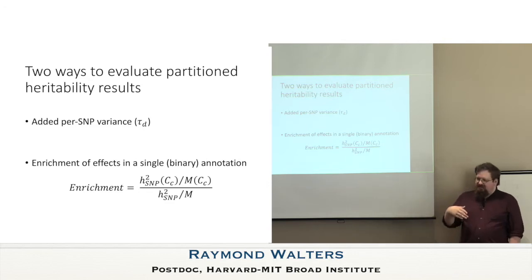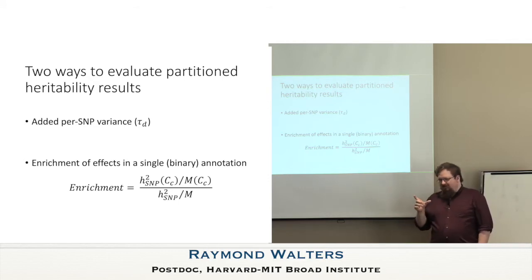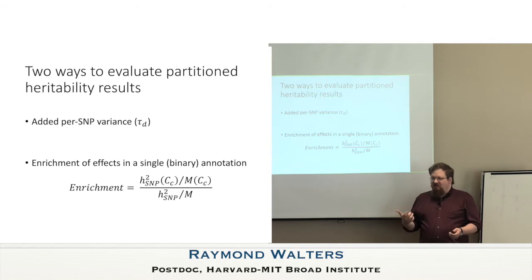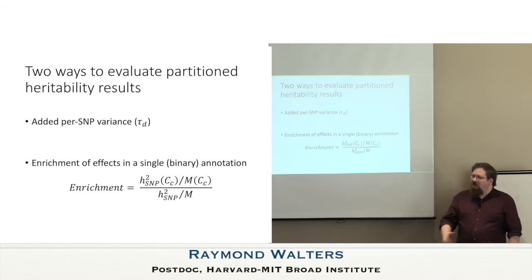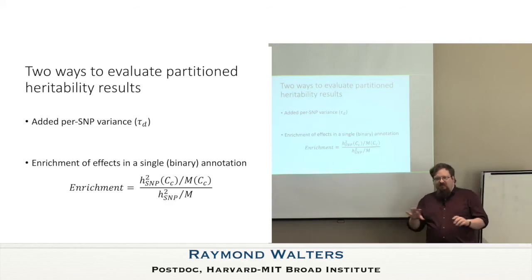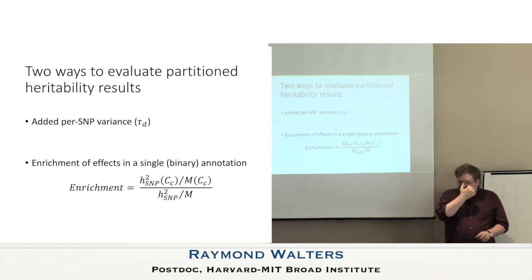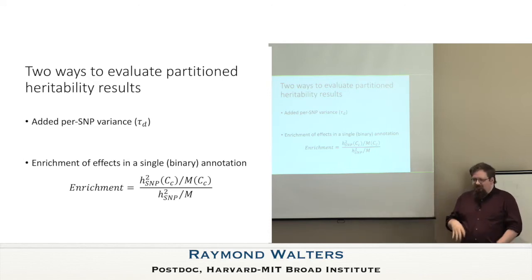But because annotations overlap, we may also be interested in making statements about enrichment for a given annotation, irrespective of what else is in the model. So we're going to include all these diverse features about histone marks and coding regions and hypersensitivity sites, many different features.